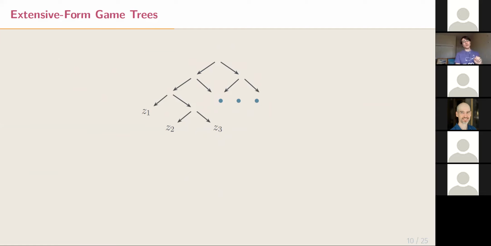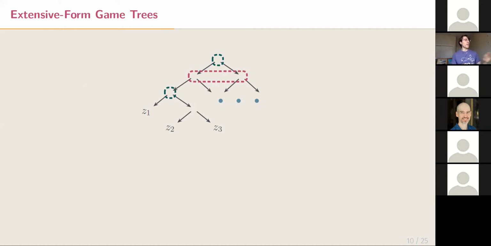But this structure is constrained to be turn-based, right? So we have one player taking an action and another player taking an action. If we want to represent even simple games like rock, paper, scissors that have simultaneous moves, or more complicated games like poker with hidden information like people's cards, then we need to introduce what are called information sets. These are just bundles of histories where the player who acts in those histories can't distinguish between them.